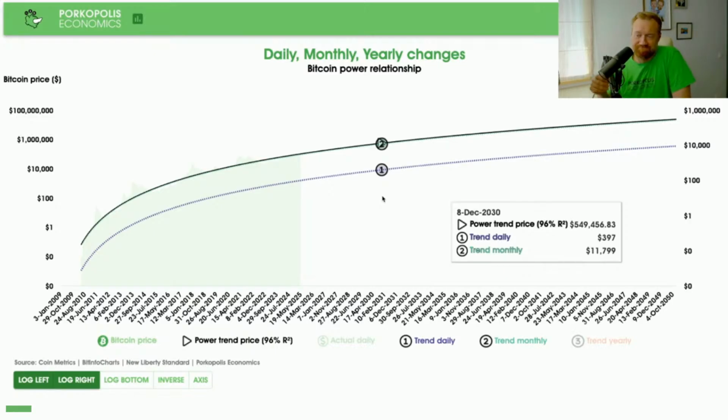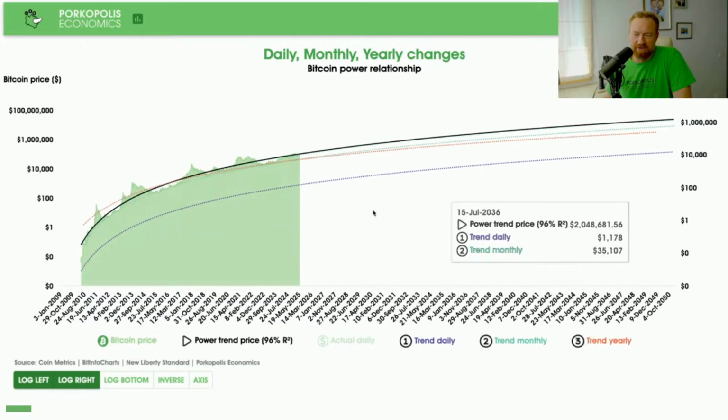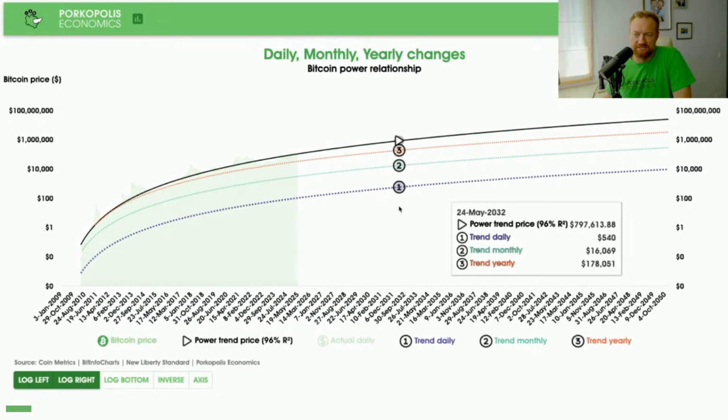12,000. 12,000 a month. Where was it here? 3,000. 4 times higher. Okay, again, interesting. It's not linear. And now yearly. Yearly change. End of 2030, roughly $130,000 change in the trend over the course of a year.